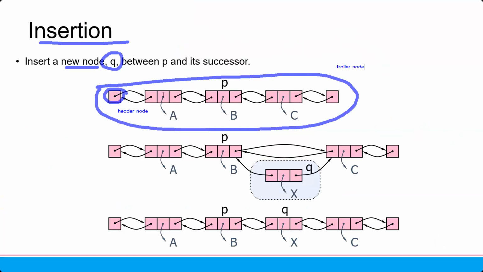And we have 1, 2, 3. There are 3 nodes. So if we look at this one, the element is A, the element is B, and the element is C.